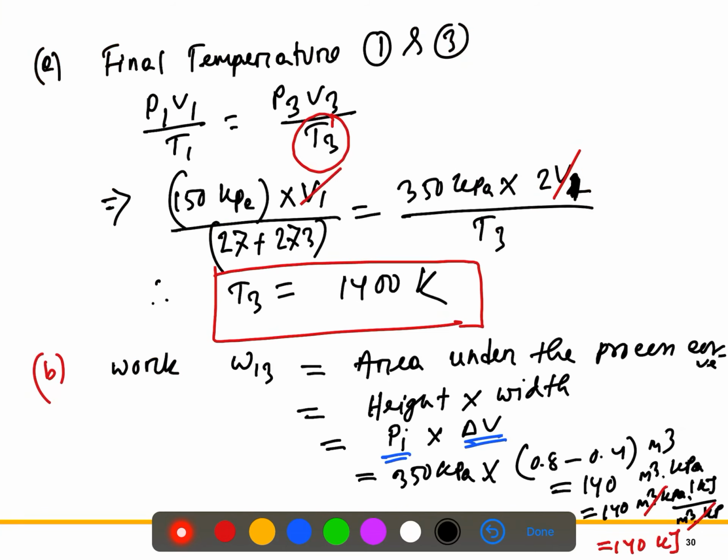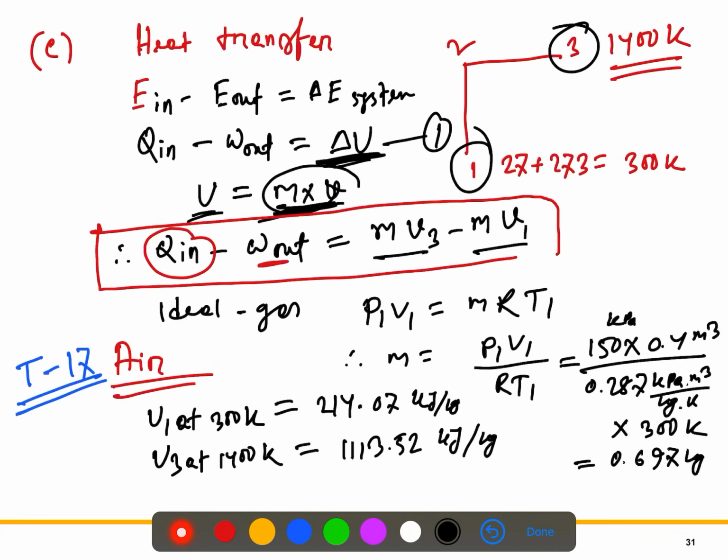Okay guys, so we have U1, we have U3, we got the mass, and we got the work.